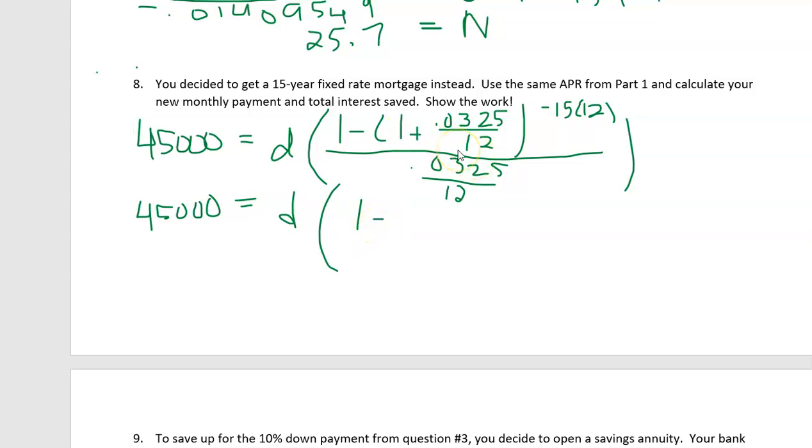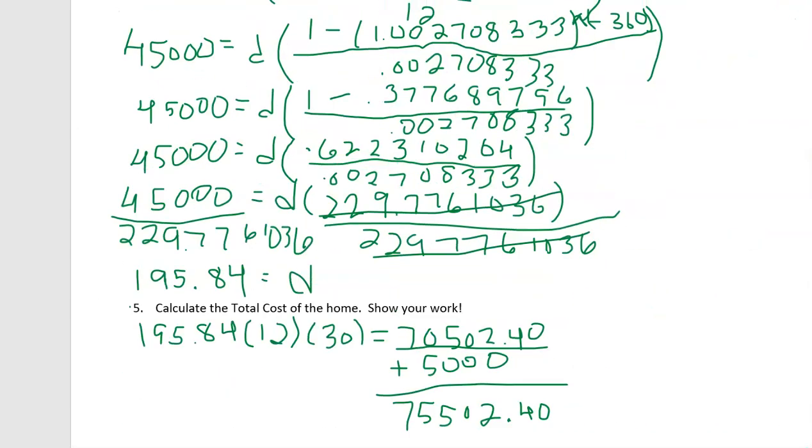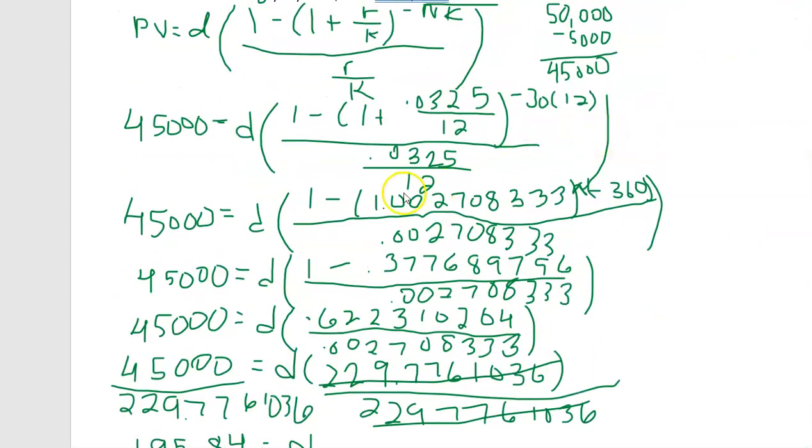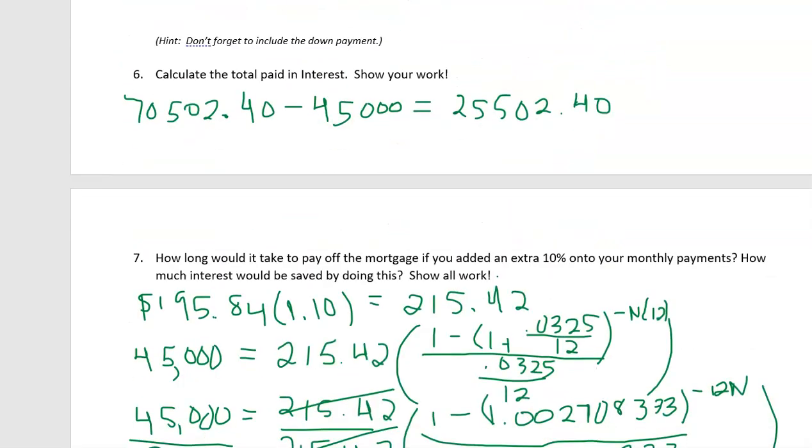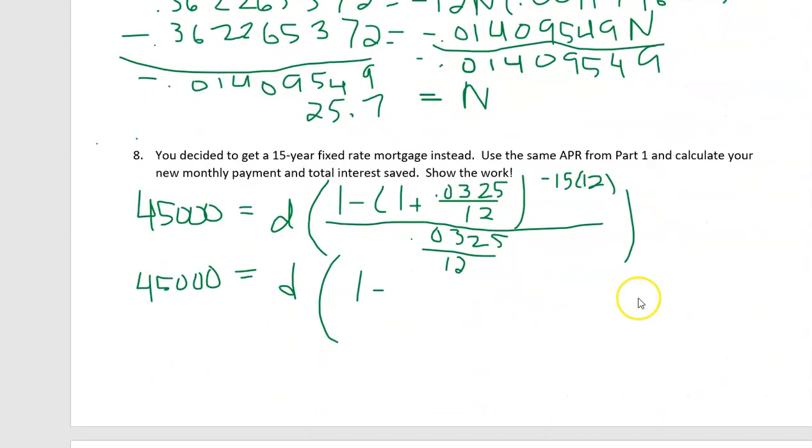We can look up and see what 1 plus 0.0325 divided by 12 was in our prior, and here it is. It's 1.0027083333.